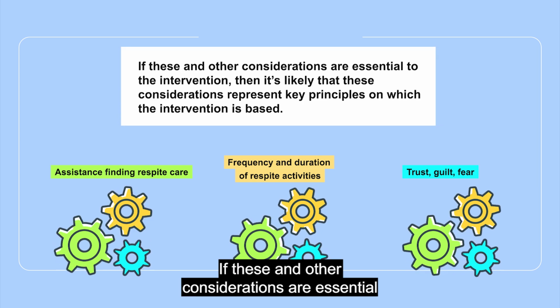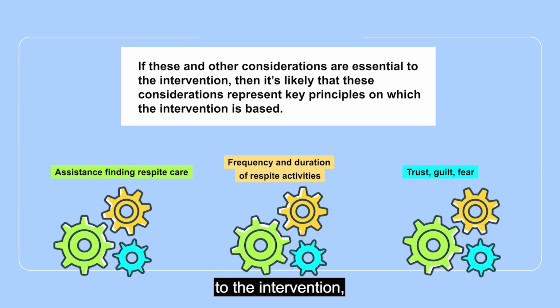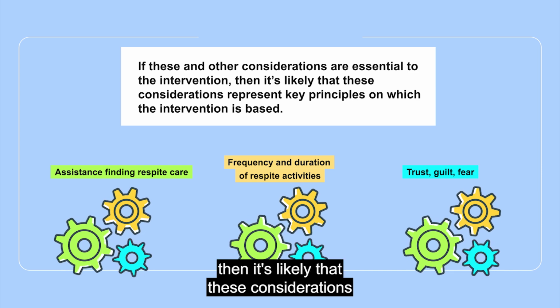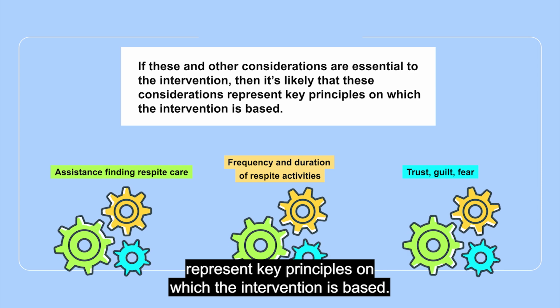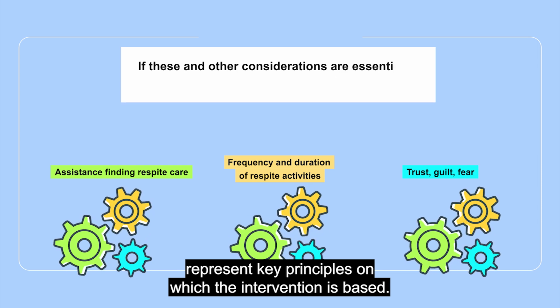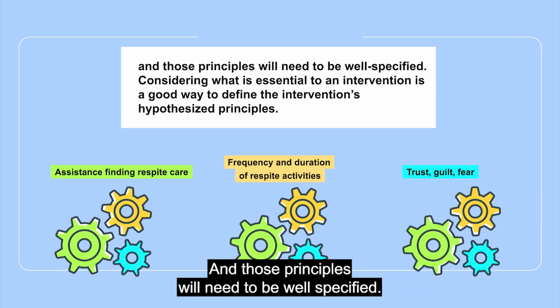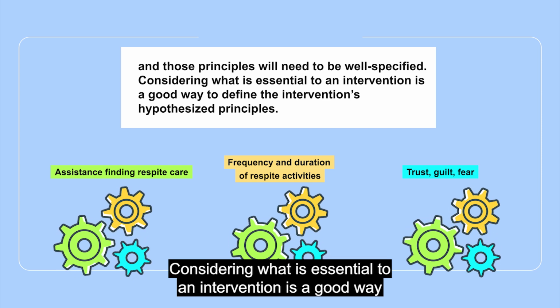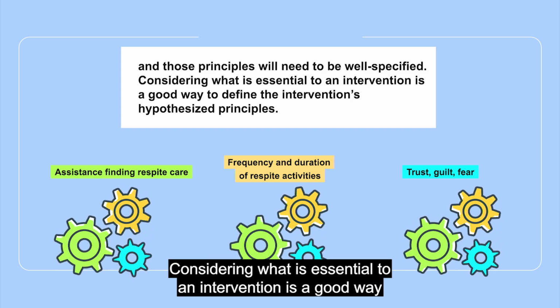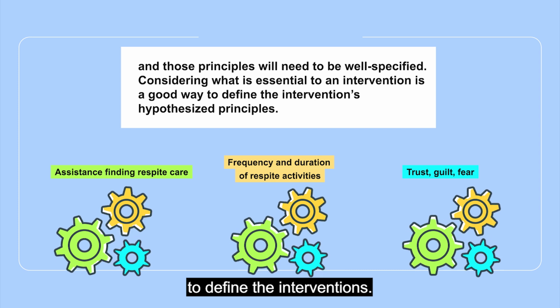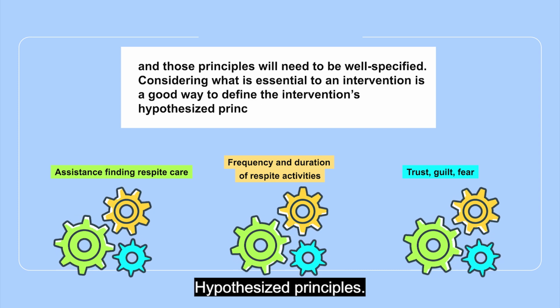If these and other considerations are essential to the intervention, then it's likely that these considerations represent key principles on which the intervention is based, and those principles will need to be well specified. Considering what is essential to an intervention is a good way to define the intervention's hypothesized principles.